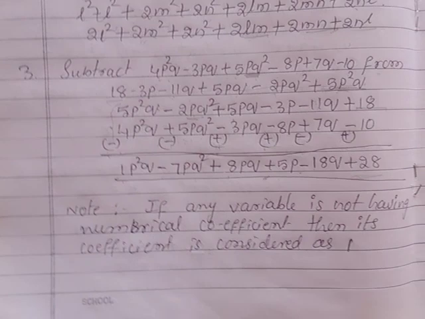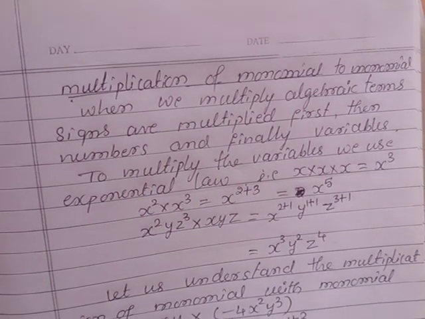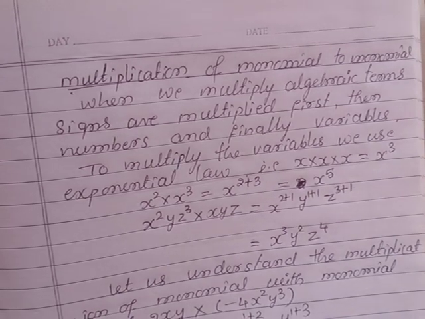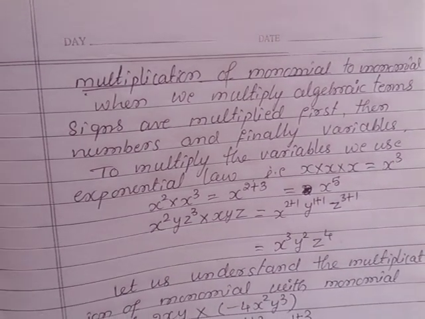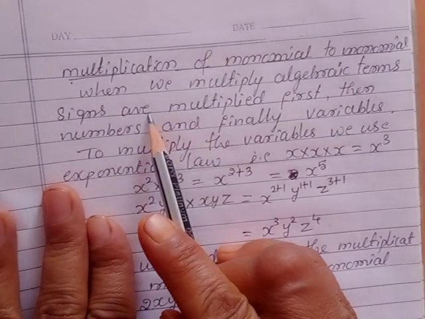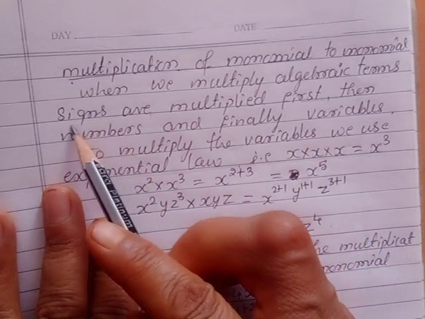So this is about addition and subtraction. Now let us discuss multiplication also. What is the multiplication? How to multiply the algebraic terms? That also we should know. Whenever we are having a multiplication, the first step you have to do is multiply the signs.